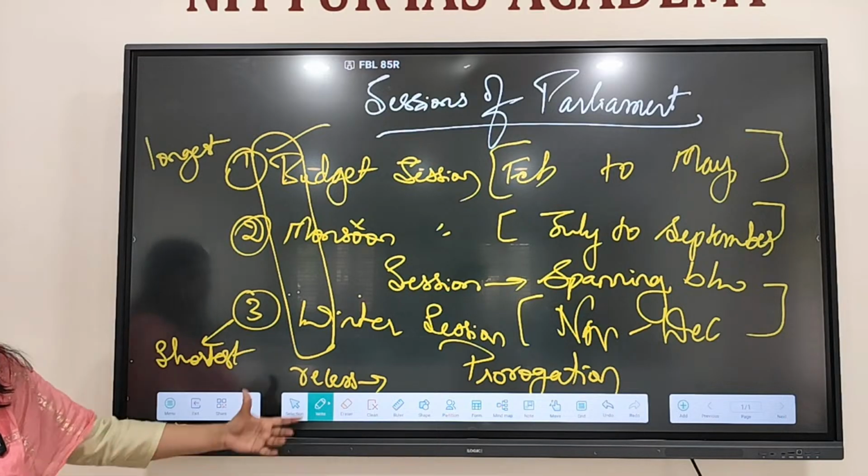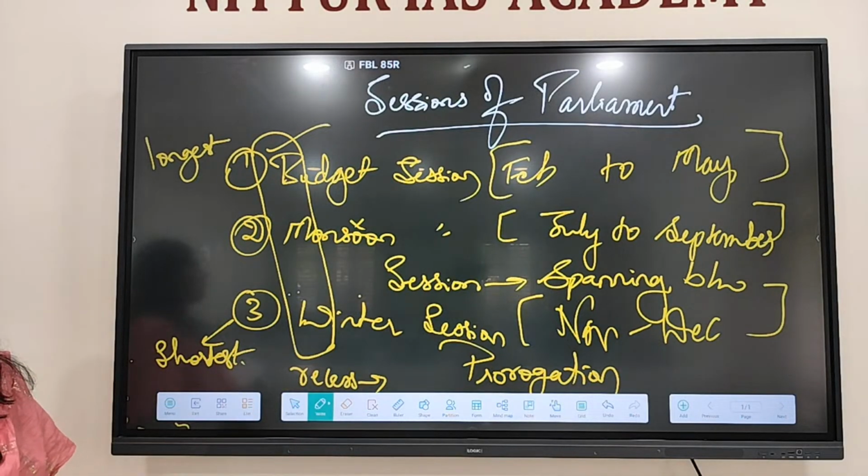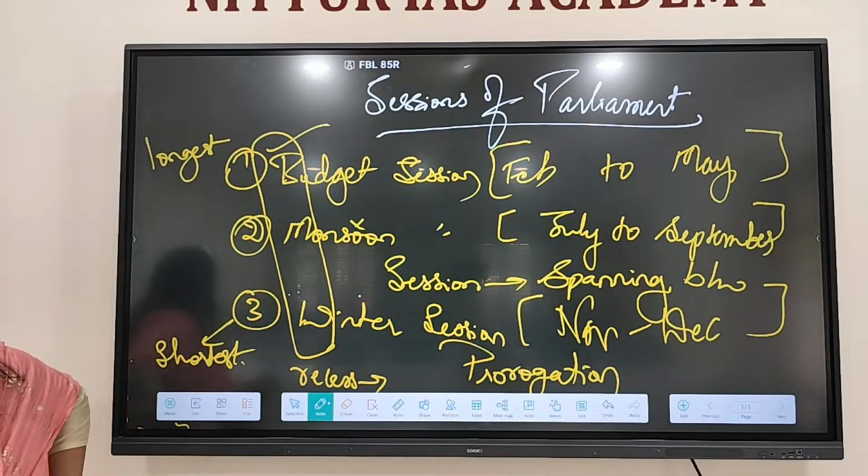Write down the next definition. Recess. The period spanning between the prorogation of a house and its reassembly in a new session.